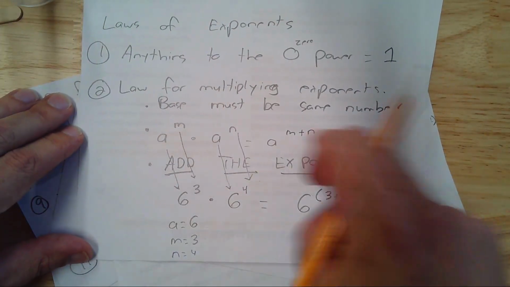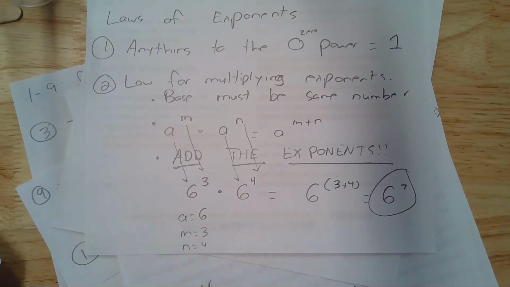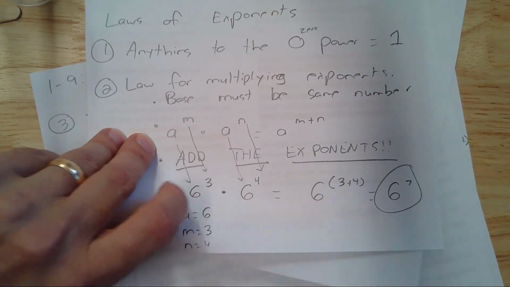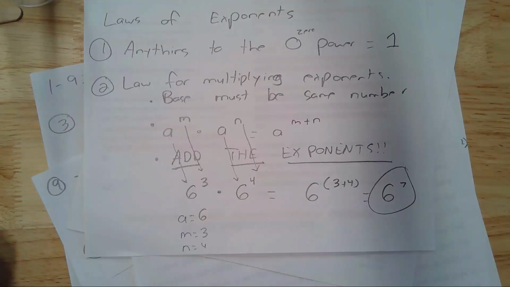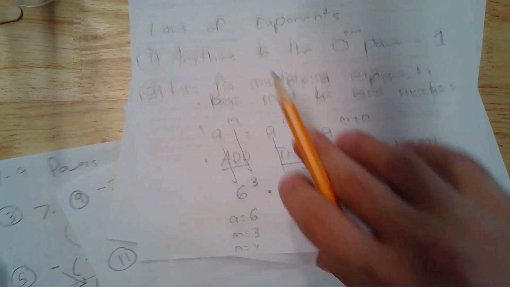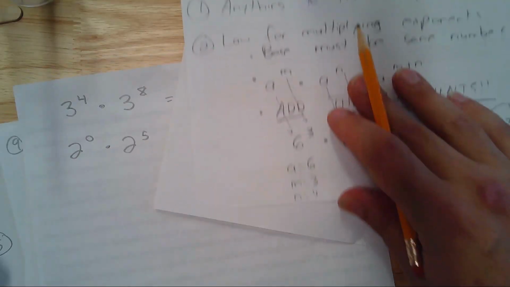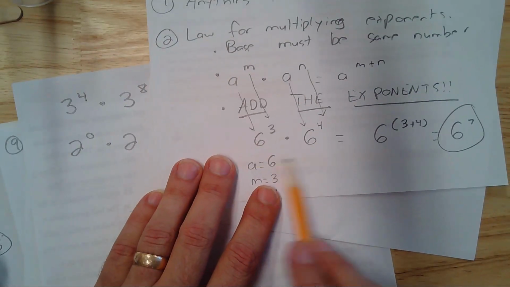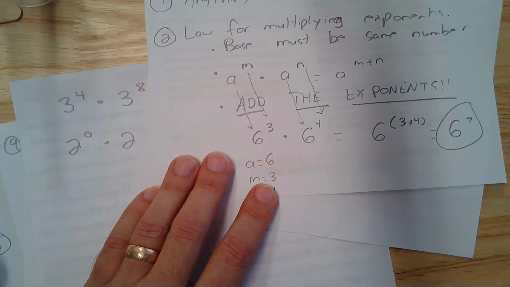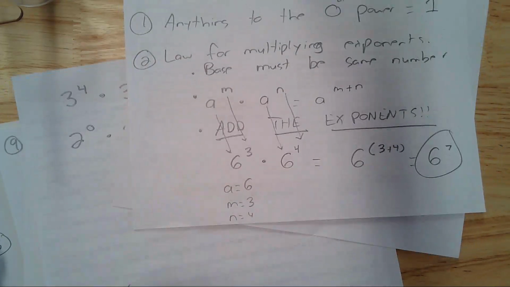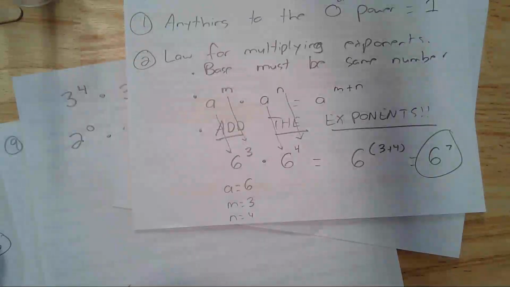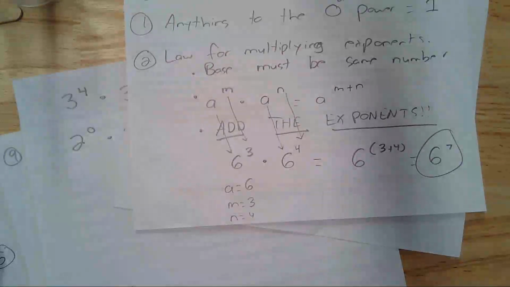This situation right here. So instead of 6 to the 3rd power times 6 to the 4th power, now we have 3 to the 4th times 3 to the 8th. But what did I do when I had 6 to the 3rd times 6 to the 4th? What did I do with my exponents?